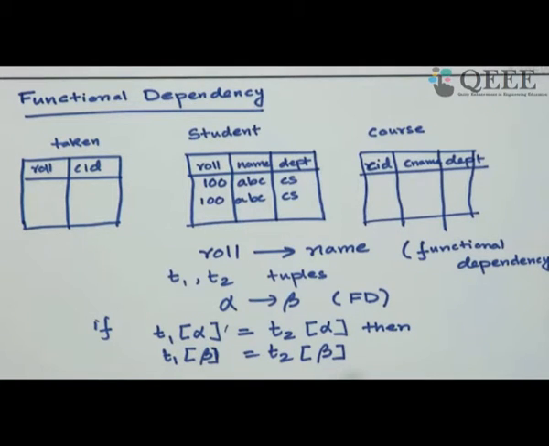In that case I'll say alpha determines beta, or alpha to beta is a functional dependency.